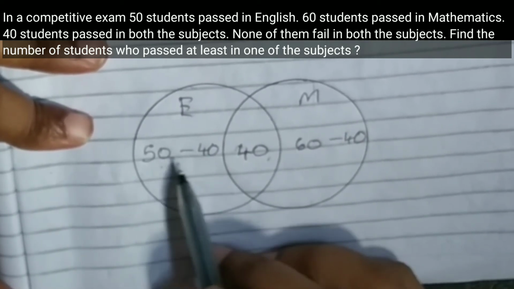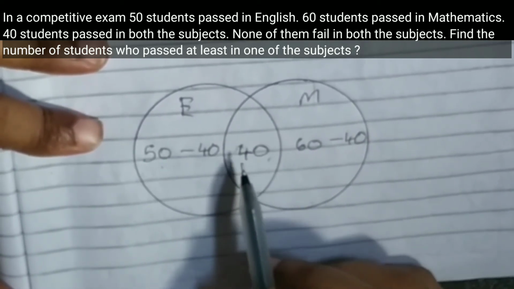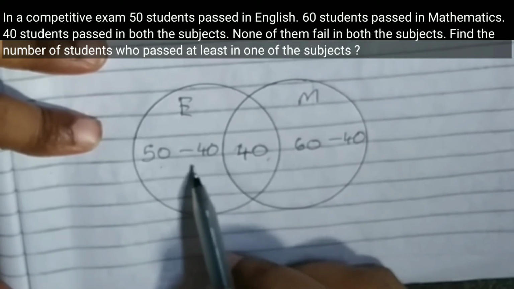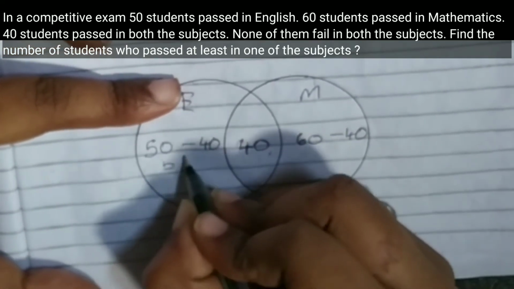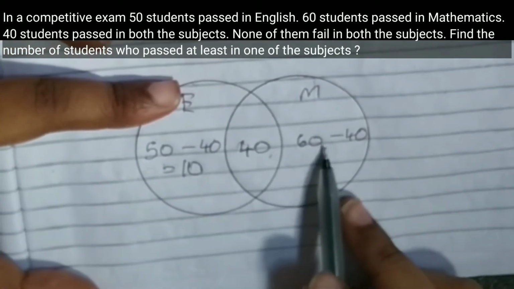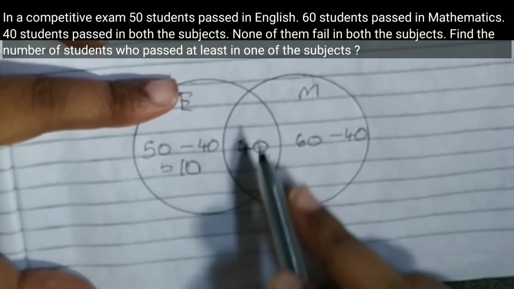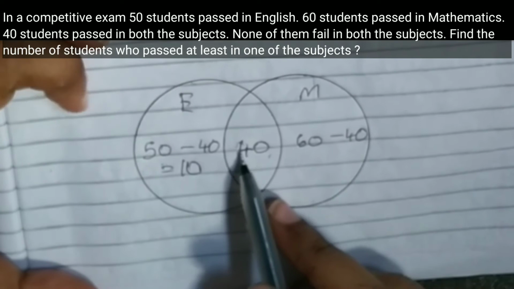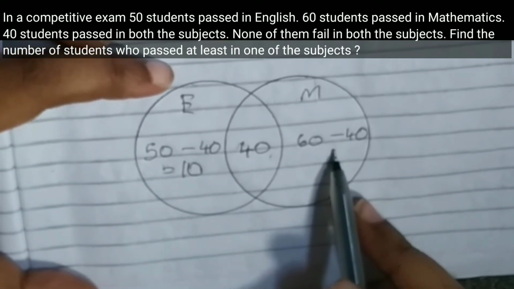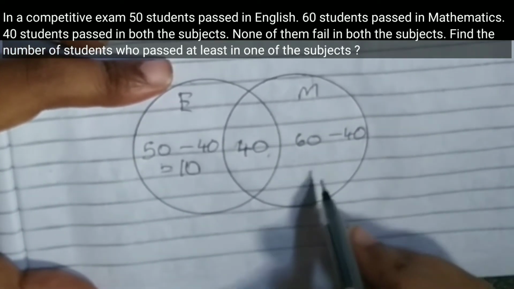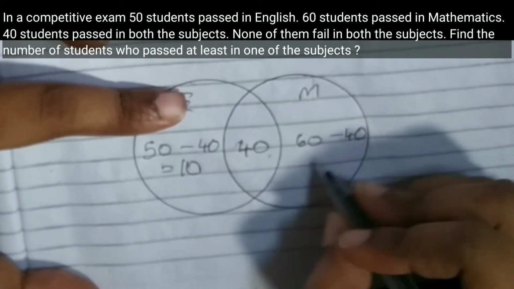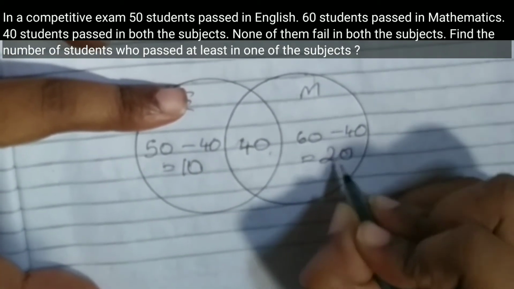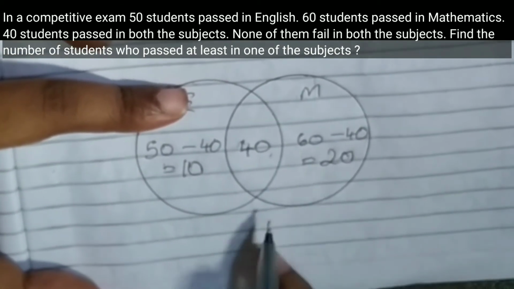We have to subtract this 40 from this 50. How much will we get? 10. The total number of students who passed in mathematics is how much? 60. From that 60, if we subtract this 40, what will we get? The number of students who passed only in mathematics. Okay, we will get 20. 20 students passed only in mathematics.